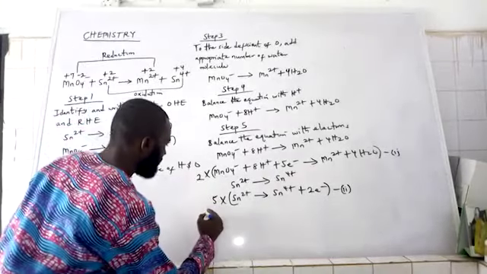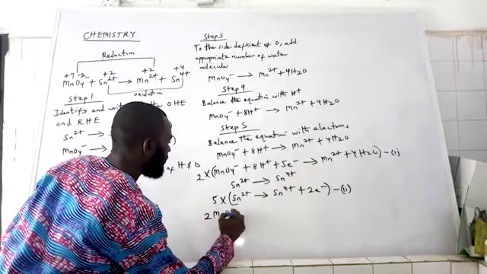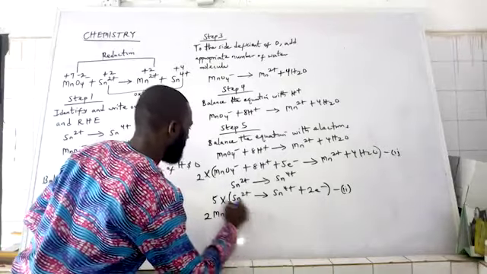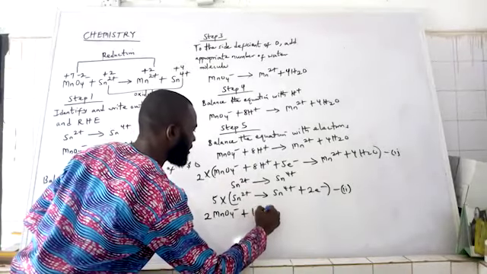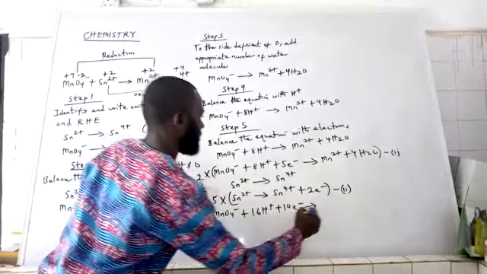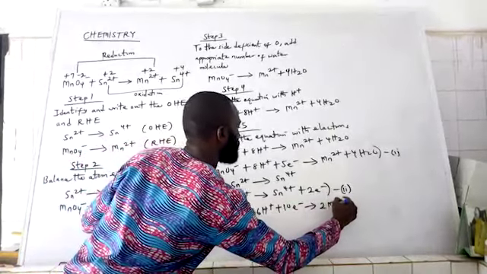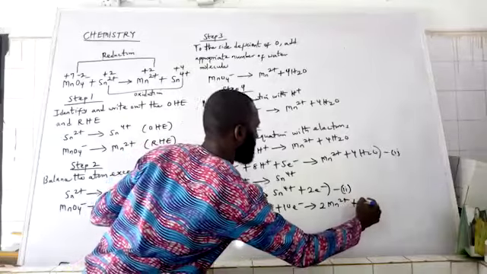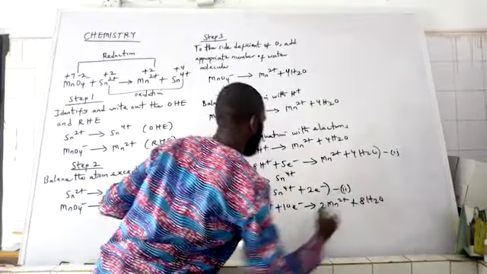So now, we are going to have the result of this. 2 times this is going to give me 2 MnO4 minus plus 2 times 8, which is 16H plus 10e minus, going to 2 Mn2 plus, 2 times 4, which is 8H2O.